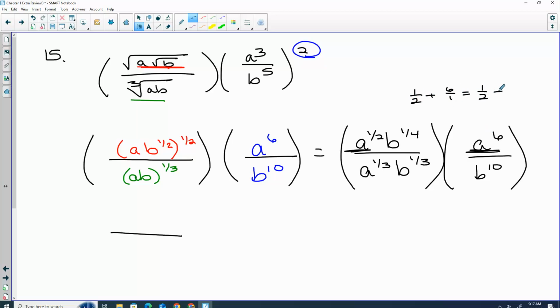So the common denominator, that's 12 over 2. So a to the 13/2. My b is still the 1/4. On the bottom we have a to the 1/3. So with my b's, 1/3 plus 10. 10 is 30 over 3, so we get b to the 31 over 3.